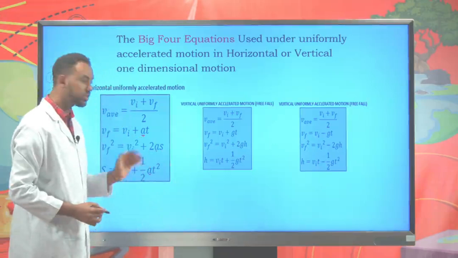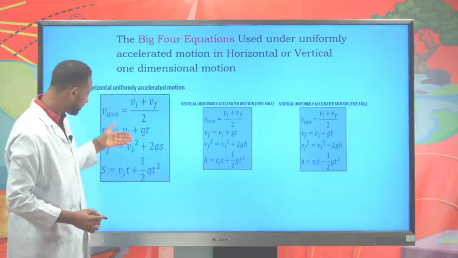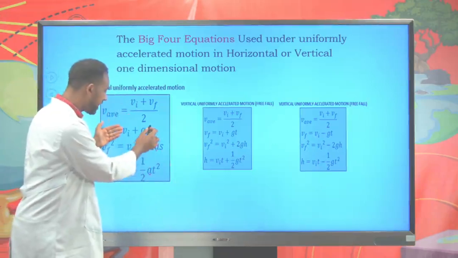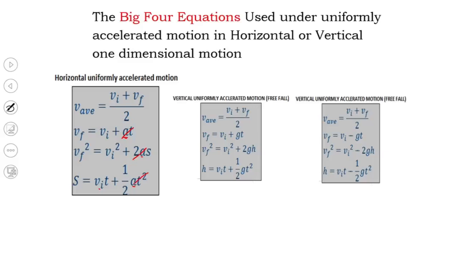Look here, the acceleration remains constant. If you are trying to use these equations for a uniform motion, acceleration will be cancelled out here, here, and here as well. So for a uniform motion, the only thing that you have is this equation: s is equal to the initial velocity times t.